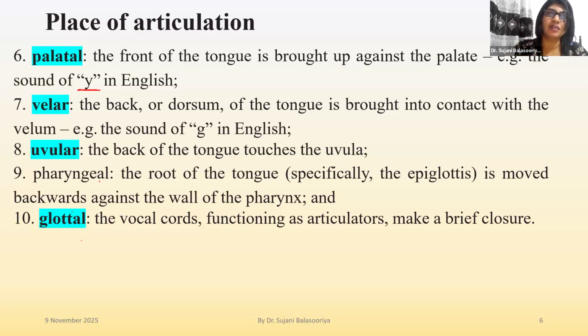The front of the tongue rises near the hard palate. There are two palatal consonant sounds available. What are they? Any idea?